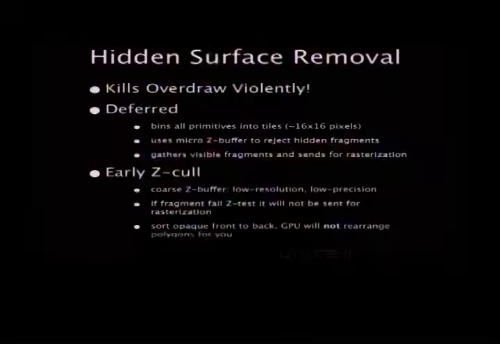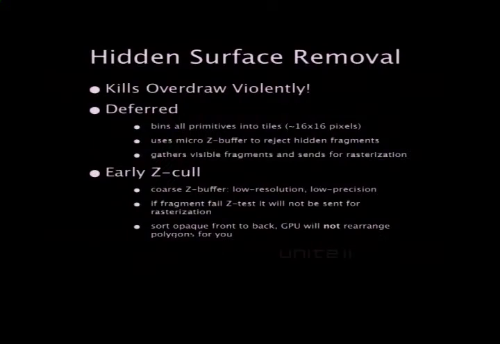One is deferred, and that's what PowerVR, Qualcomm and ARM are using. It's called deferred tiled or deferred rendering, and usually what it does is split the frame buffer into small tiles. Those tiles are pretty small, like 16 by 16 pixels. It can vary on the hardware.